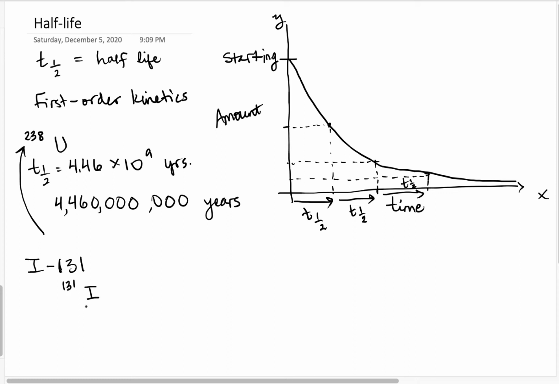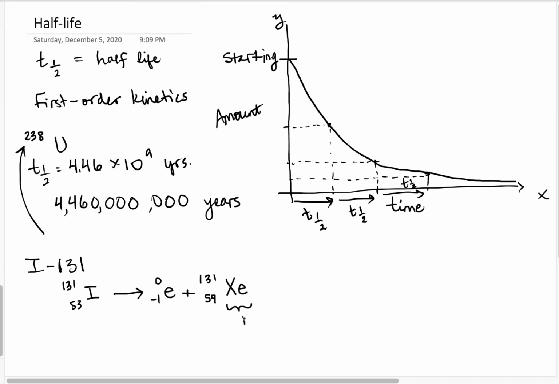So let's look at that balanced nuclear equation here for a second. So iodine is element 53, and this is iodine-131. It decays by beta emission, so that's an electron. So that means what's left still has a mass number of 131, but it will have the atomic number of 54. So if you check your periodic table, you'll notice that this is the element xenon. And xenon, this is a stable isotope.